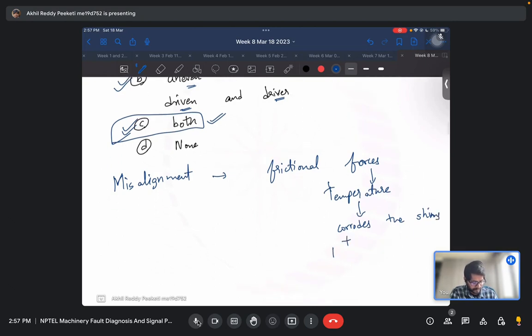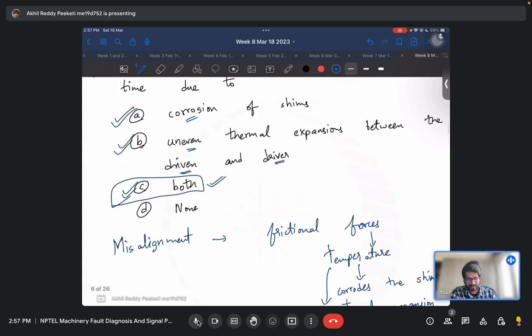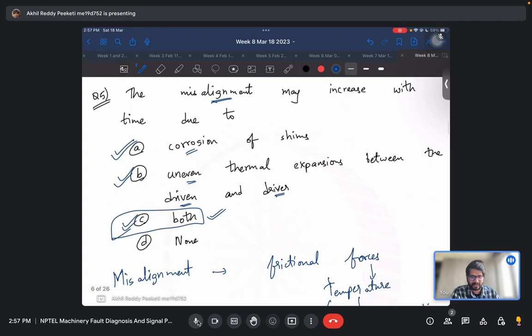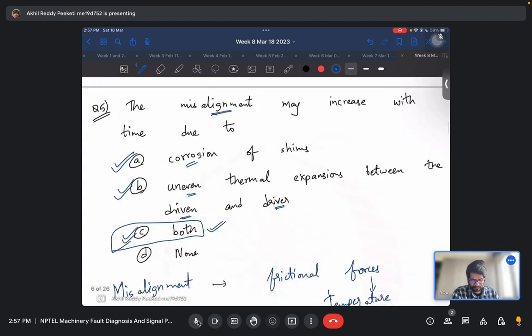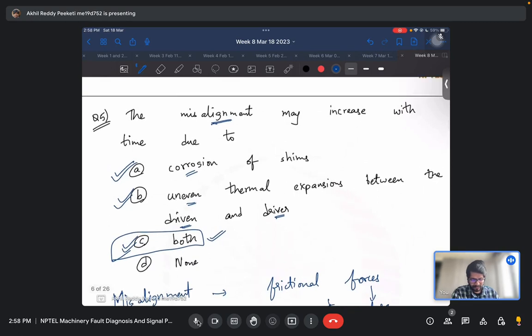Plus there will be thermal expansions also. If temperatures are different, then these thermal expansions would be uneven, and that would also lead to further misalignment. So the misalignment may increase with time due to corrosion of shims and uneven thermal expansions between the driven and the driver shafts.